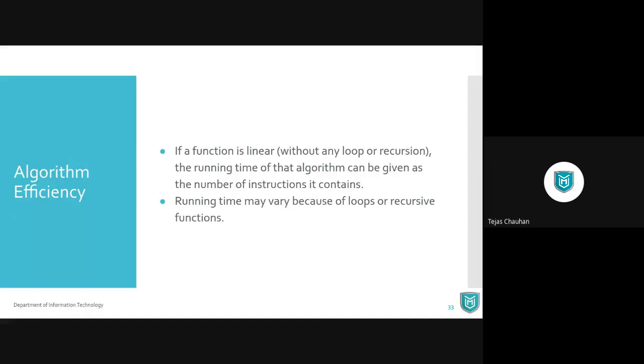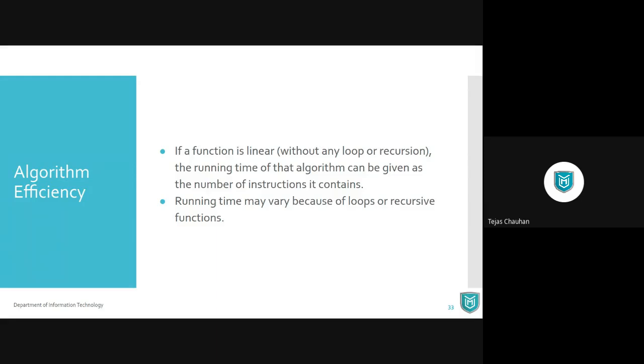Let's say the algorithm is given to you, then it is a step-by-step process to solve your task. Now, if that process is linear, there are a finite number of steps: step 1, 2, 3, 4, 5, 6, 7, and so on.